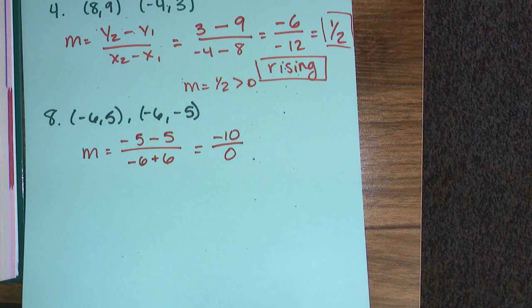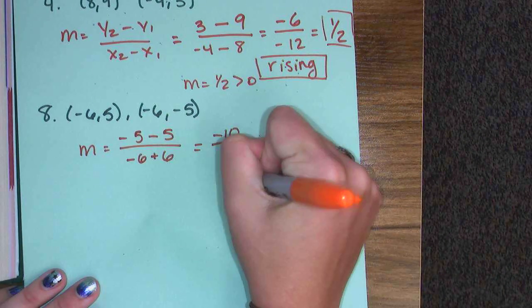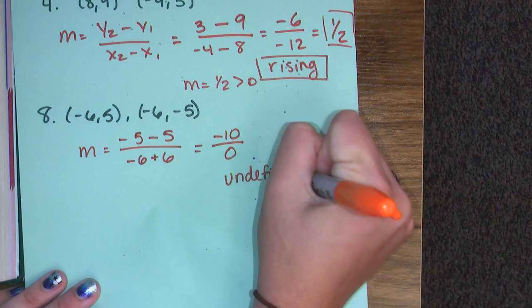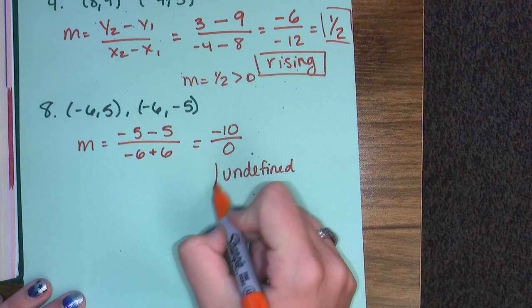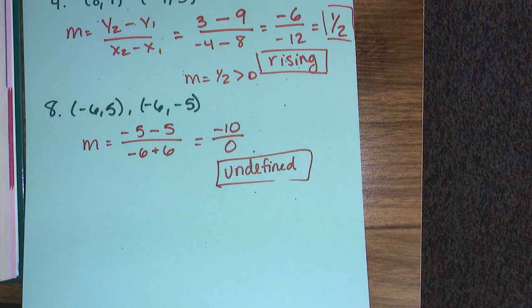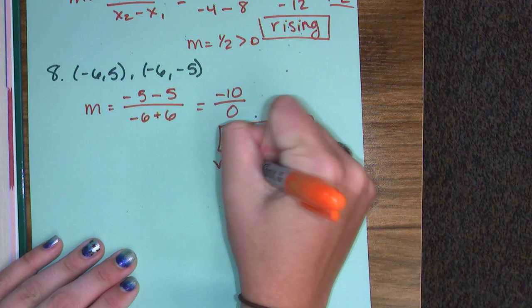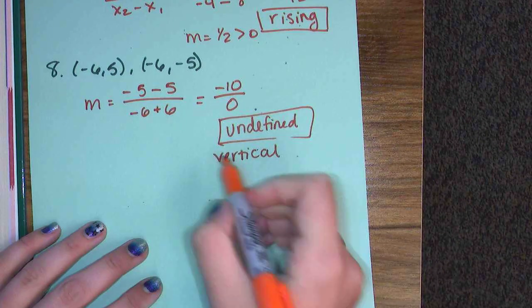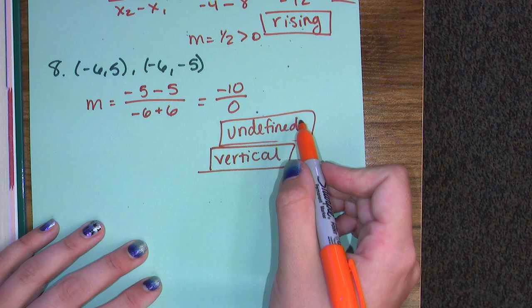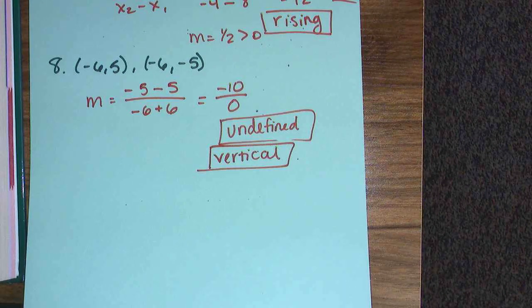Negative 10 over 0, good, which is undefined. Undefined, and then meaning what? Rising, falling, horizontal, or vertical? Okay, so you need to tell me it's undefined, and then also tell me that it is vertical.